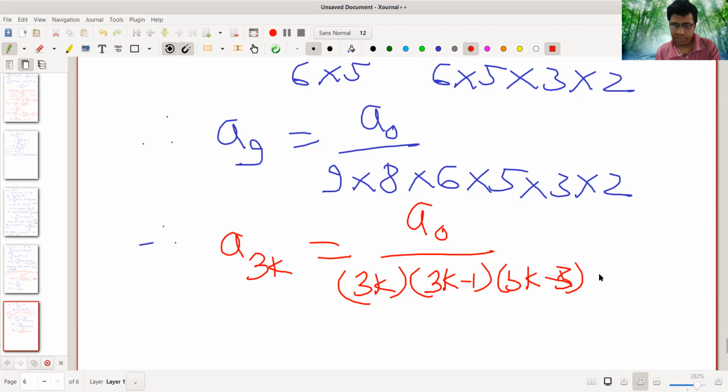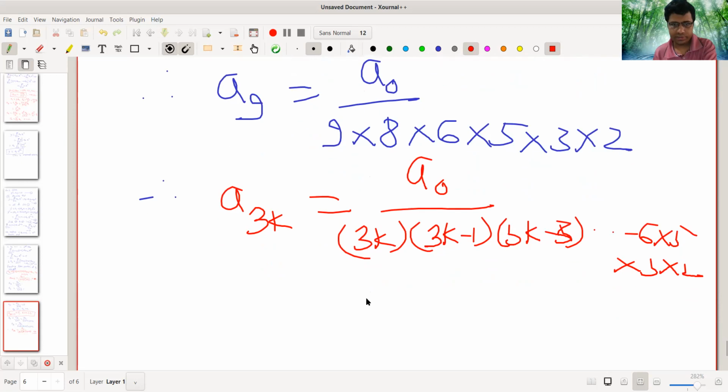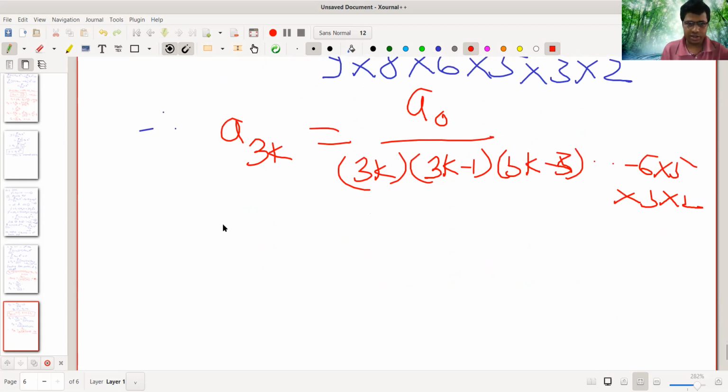Then 3k minus 4 will be there. Again gap, and so on. And last there will be 6, 5, 3, 2. Okay. And k is 1, 2, 3, etc.